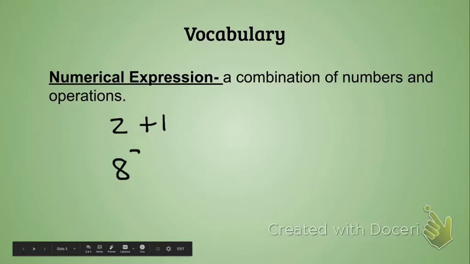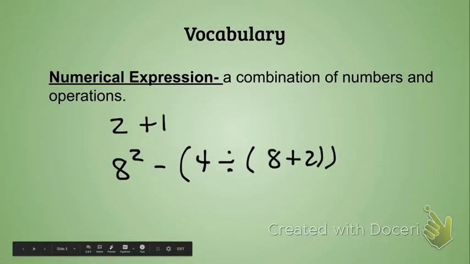It could be 8 squared minus 4, 4 divided by, parentheses, 8 plus 2. That's also a numerical expression. So it's any combination of numbers and operations to solve for a value. That's essentially what a numerical expression is.